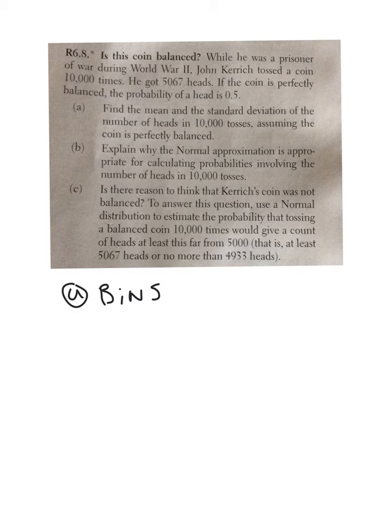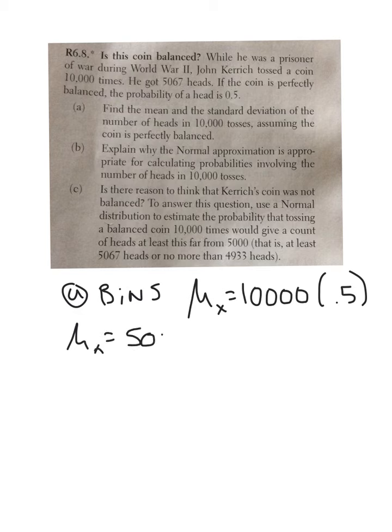So the mean would be, well, the mean of this random variable is going to be 10,000, the number of tosses, times the probability, which is 0.5. So we should expect to get pretty close to 5,000 heads or 5,000 tails, however you want to look at it. Standard deviation.